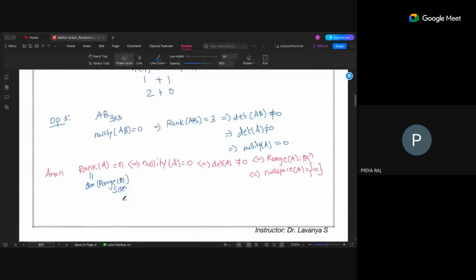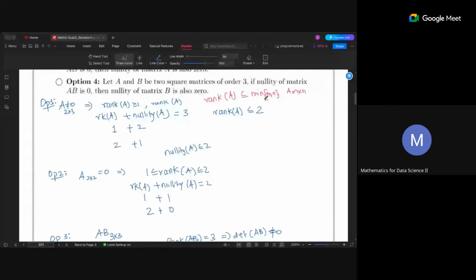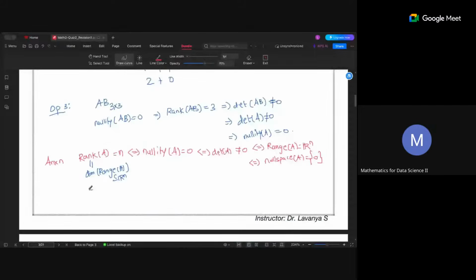If we were given rank of A and rank of B, then what can we say about the rank of AB? Exactly the same condition as here. So rank of AB is less than or equal to minimum of rank of A, comma rank of B.